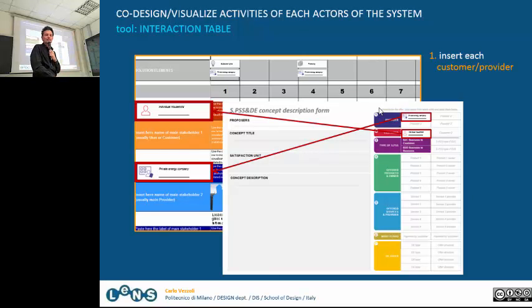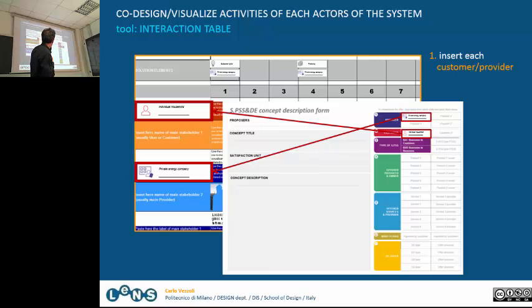Then when this is made, there is another tool to go deeper into understanding the system, how it works, which is the role of each actor. Okay, we get the main configuration, and when we get it, let's think, okay, the first one has to do this at the beginning, and the other one has to do that, so we have to design these actions, and we use the interaction table. The first thing: this is an Excel file, and you will take the stakeholders.